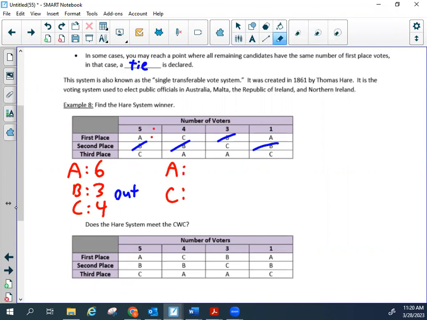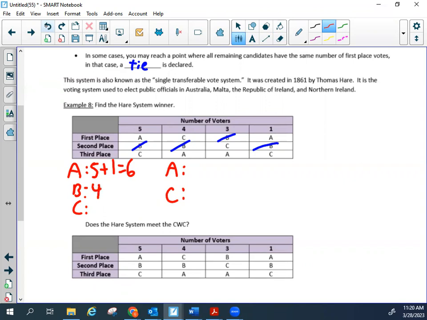Oh, here's probably the visual thing that's going to mess us up. This now becomes a first place situation because that is the highest remaining candidate on those ballots. So we need to keep that in mind. That might be confusing visually. So actually, let me do it this way, just for keeping. A was 5 plus 1, which is 6. C was 4.